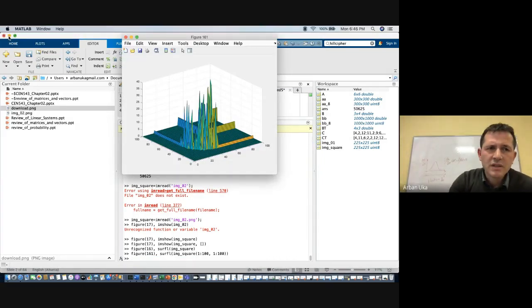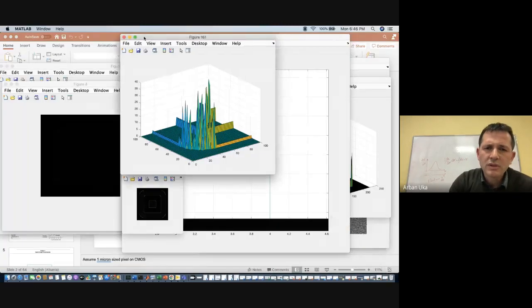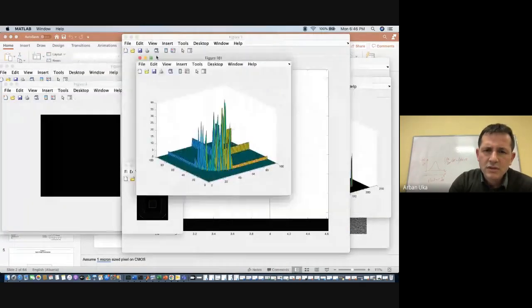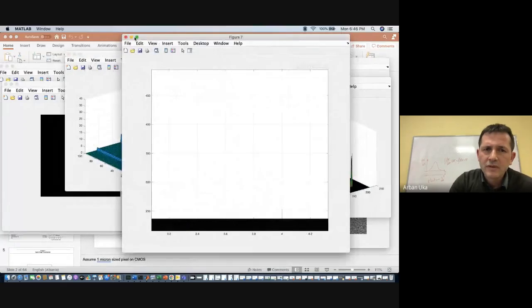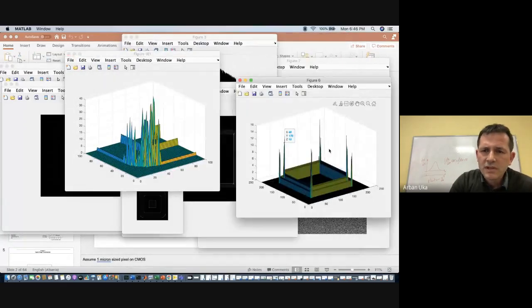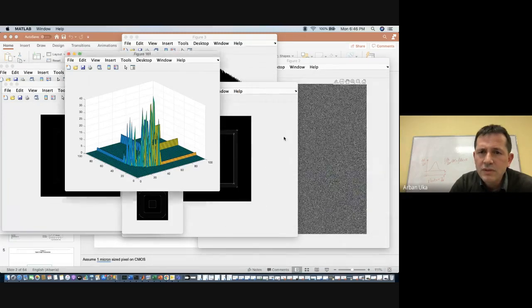So figure 16, we were plotting, where is this? Let's see, figure 7. Figure 16, this is plotting 225 by 225. And this is what it looks like, which is this figure, no, this is 6. Probably we need to plot figure 16. Where was figure 16?